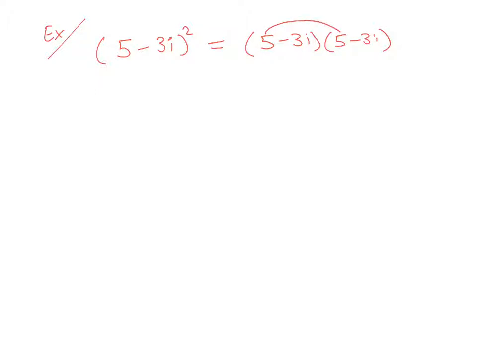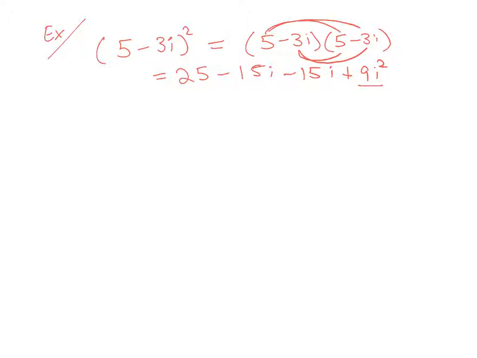5 times 5, boom, 25. 5 times -3i is -15i. -3i times 5 is -15i. -3i and -3i, boom, plus 9i squared. This is where the person in the back asked if they can just change the sign of this last one.